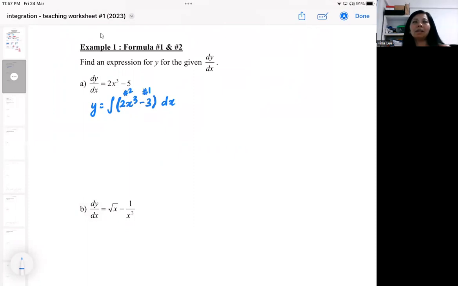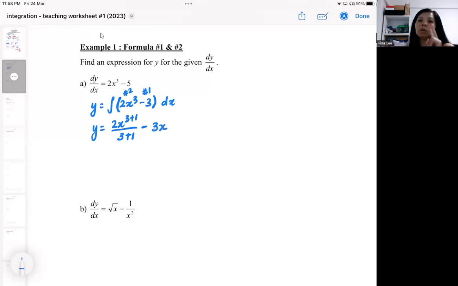So just like differentiation, you differentiate one by one, in integration we also integrate one by one. So if I apply the second formula, it says you return a power, divide by new power. Then integrate a constant. According to the formula, it is just 3x.